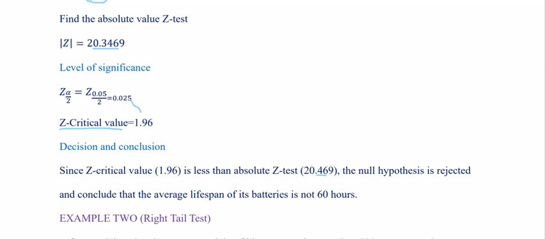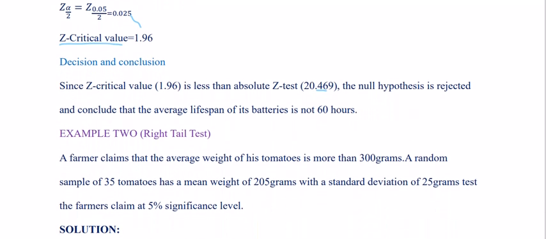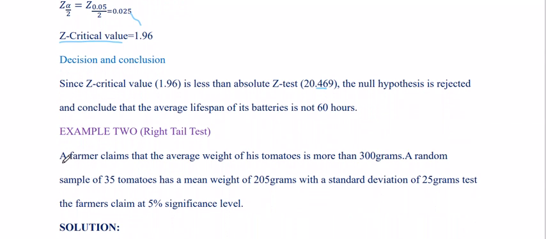Now we are moving to another 1T test, which is the right T test. Consider this question now. A farmer claims that the average weight of his tomato is more than 300 grams. More than is greater than.